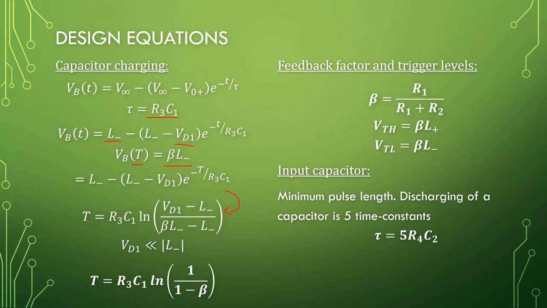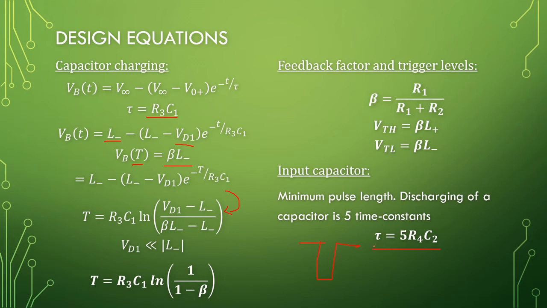And for the input capacitor, we work this out based on the minimum pulse length. Discharging of a capacitor takes 5 time constants. So if you know how long the trigger pulse might be, you can calculate a capacitor and a resistor up there basically.